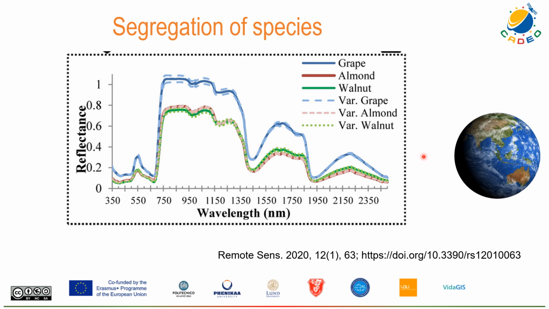And that means that we can use that difference to classify if the pixel actually contains vegetation of grape or if it contains vegetation of almond or walnut. So we see, however, that walnut and almond are quite similar. They look almost the same, but the grape has another type of spectral signature, and we can use that to separate different species of vegetation.